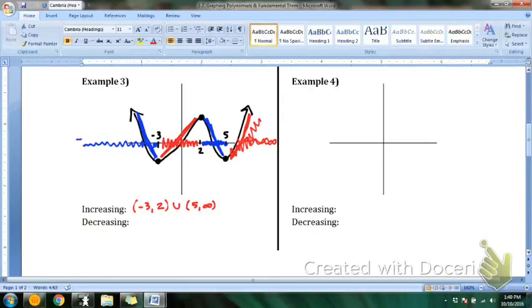Right, so I am decreasing from negative infinity, and then I went all the way and stopped at where? Good, negative 3. So I go from negative infinity to negative 3. And then where's my other blue section? From 2 to 5. You guys see that? From 2 to 5?